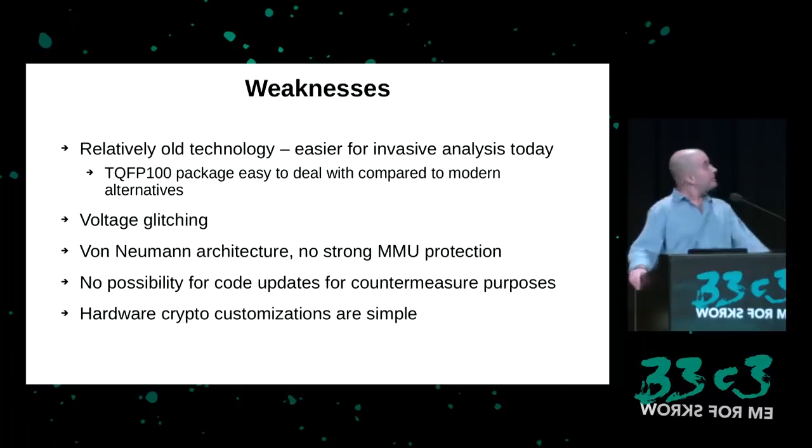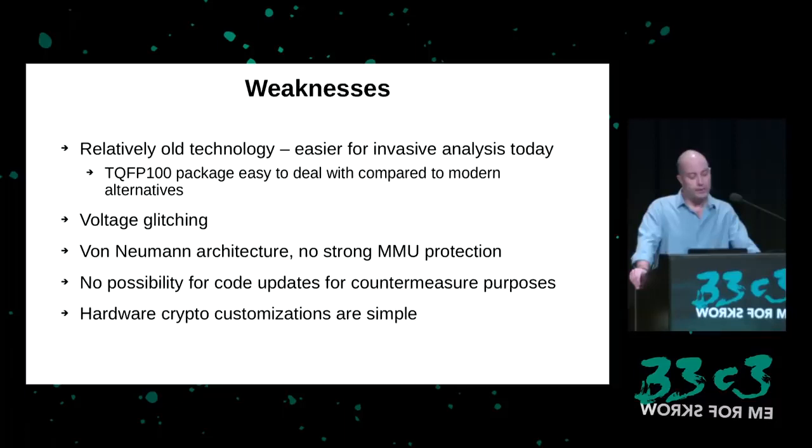A few of the weaknesses that I identified in this system were that the ACP I studied is relatively old technology, almost 20 years old, so this makes it a lot easier for invasive analysis today than when it was brand new. The TQFP100 package is quite easy to deal with compared to modern alternatives. The chip is susceptible to voltage glitching. It's a von Neumann architecture without strong MMU protection preventing code from being executed from RAM.